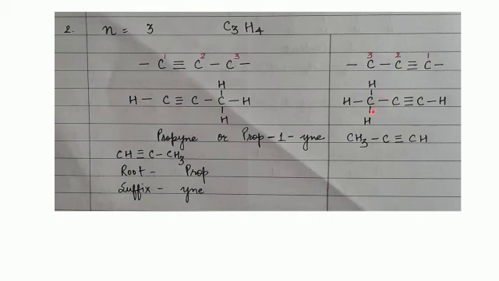Similarly, here also we will distribute the hydrogen atoms. We will start from this carbon. It has formed only one single bond with this carbon here. Still 3 valencies are free, so it will form one single bond each with 3 hydrogens. So now 2, 4, 6 and 8.